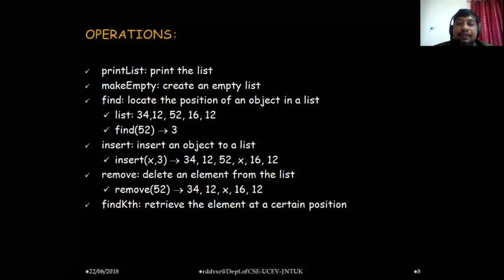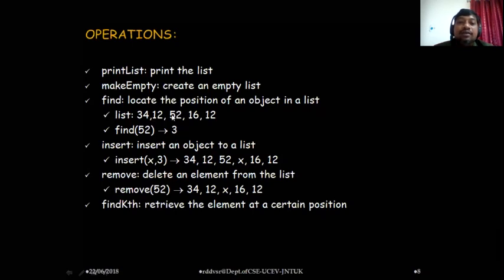You can print the list elements. You can clear the list elements, and clearing here means we are deleting all the elements, making the list empty. Or you can find the position of an object in a list. Suppose the list contains 34, 12, 52, 16 and 12, then find of 52 will give you the position of that particular element, that is 3.